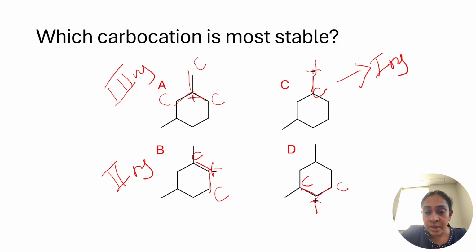So, in structure D, the carbocation is a secondary carbocation. So now we have a tertiary carbocation, a primary carbocation and 2 secondary carbocations. So which one is the most stable among the carbocations that we have in here? Definitely, the most stable carbocation is A because it is a tertiary carbocation.